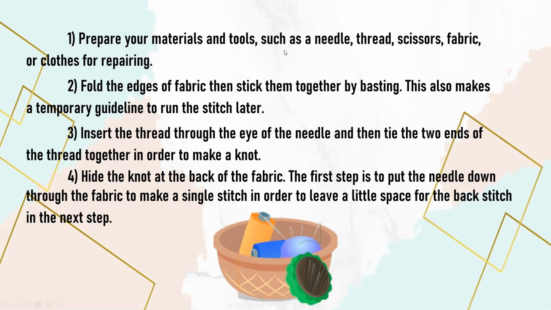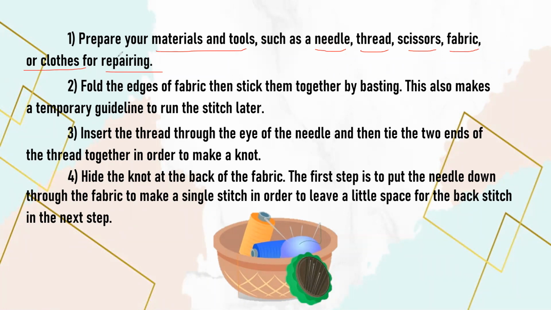They are such as needle, thread, scissor, fabric, or cloth for repairing. Number 1, we require a needle. Second, we require thread. Third, we require scissor. Fourth, we require fabric or cloth for the purpose of repairing. To do our repairing, we require these material and tools.